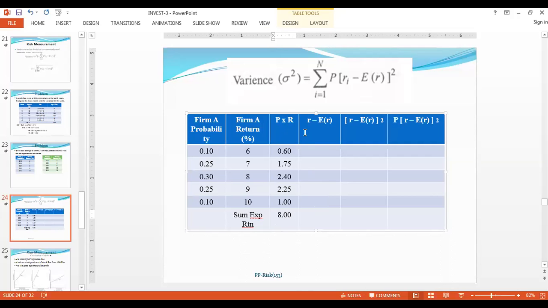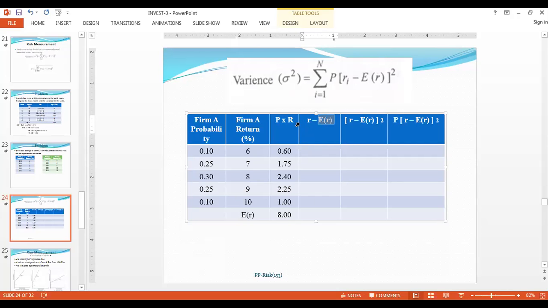Now, what you need to do? You have to calculate R minus expected return. Whatever you have got as the answer, 8, this is your expected return. So this value is 8 now for you.